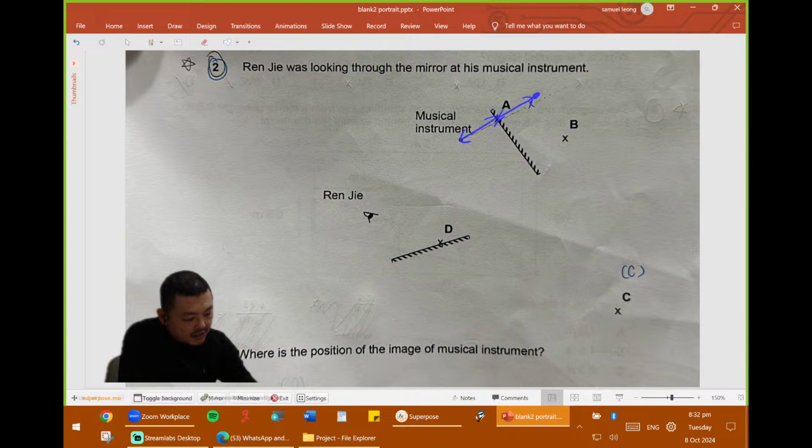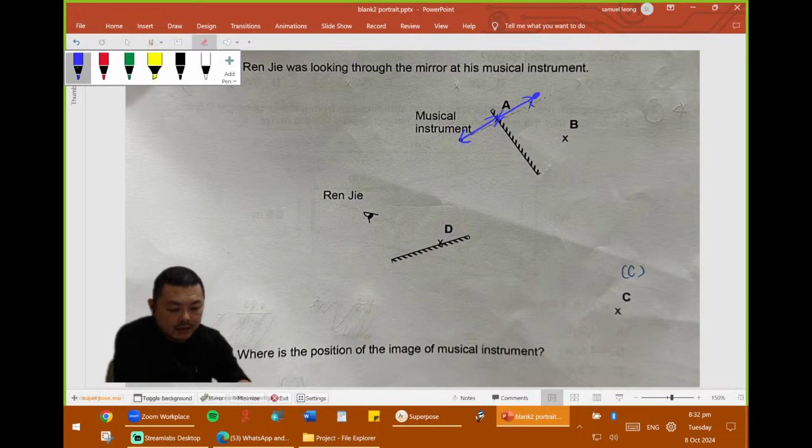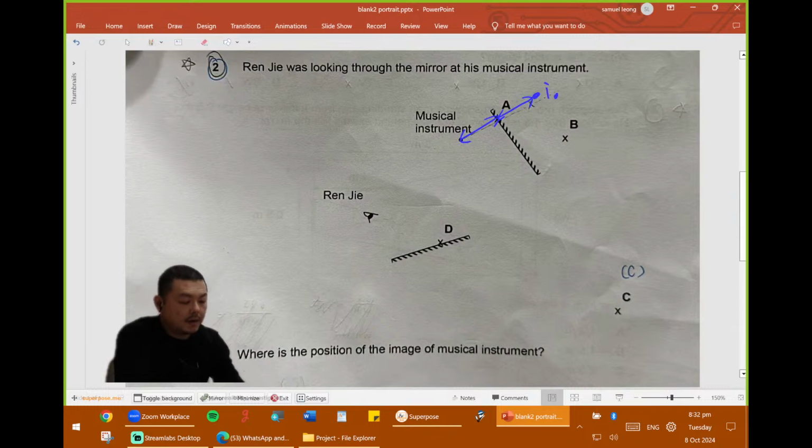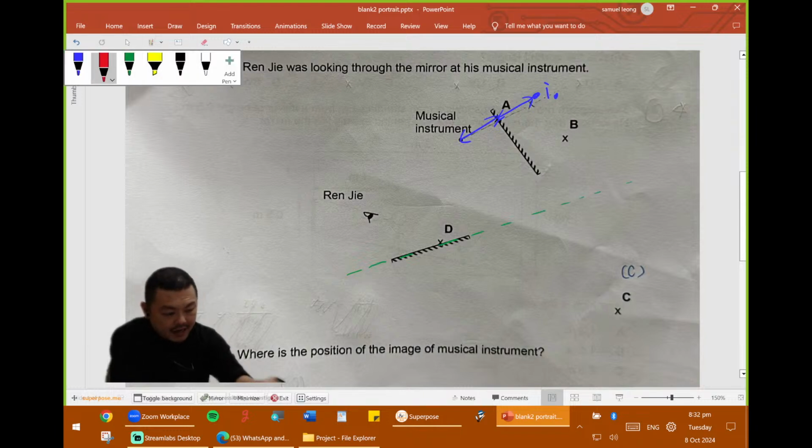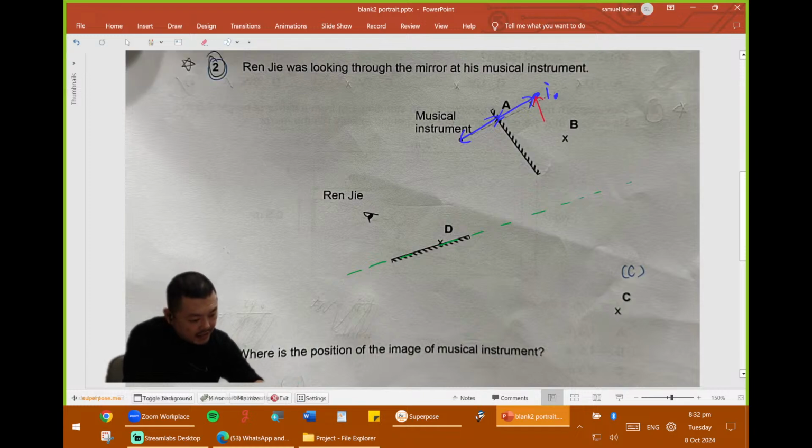So this is the first image, sorry, small letter i, this is like I1, okay? And then what you need to do is you need to extend the second mirror, and then you flip it again, right? But this time around it is perpendicular to this mirror here like that.